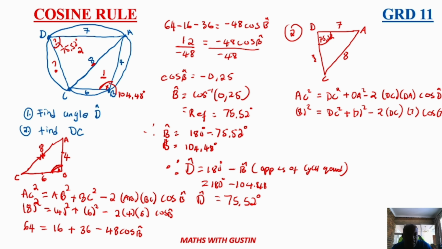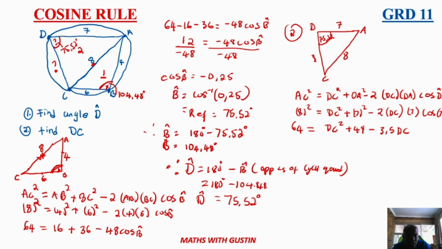And then we do what it takes to make DC the subject of the formula. 8 squared is equal to 64, is equal to DC squared, 7 squared is equal to 49, and then here we're going to have minus 2 times that. If we put everything in, 2 times 7 is 14. 14 times cos 75.52, if I put that in my calculator, it is giving me 3.5 DC.